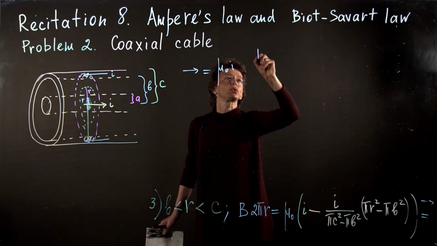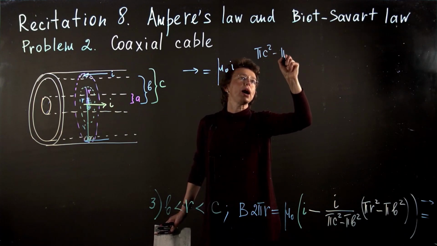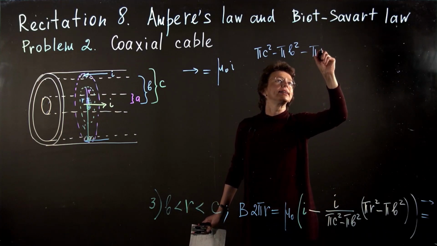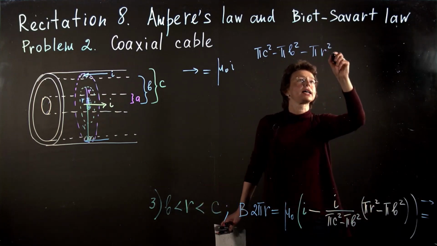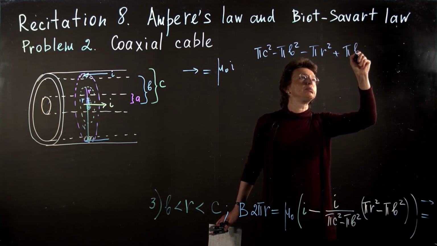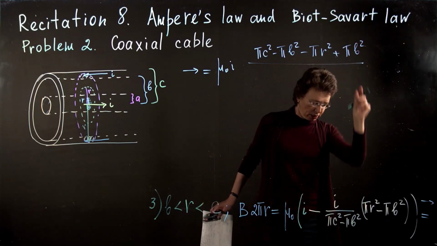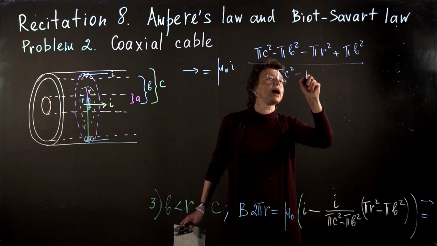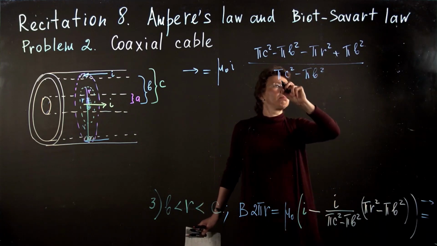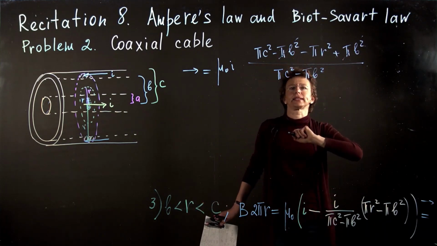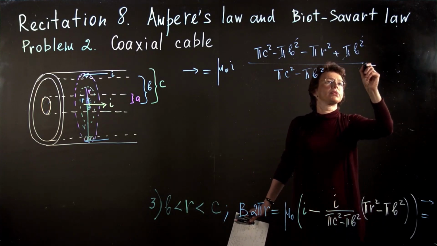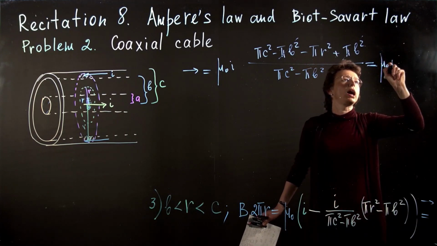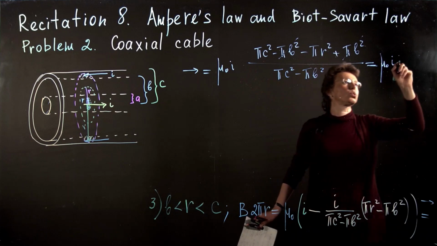I have pi c squared minus pi b squared minus pi r squared plus pi b squared, divided by the denominator pi c squared minus pi b squared. Pi b squared cancels out. So finally, my right side of this equation looks like mu naught I, pi c squared.